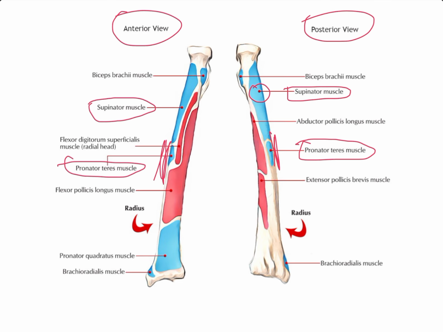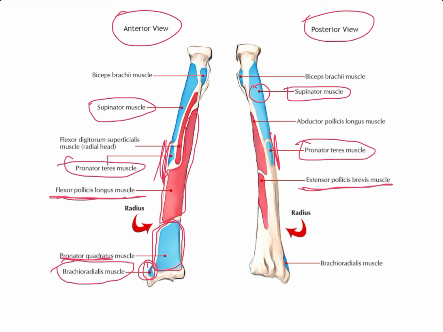Now, if you look at this, anteriorly we have the flexor pollicis longus attaching here, covering the space. We have the pronator quadratus muscle, which helps in pronation of the forearm. We have the brachioradialis muscle attaching distally.